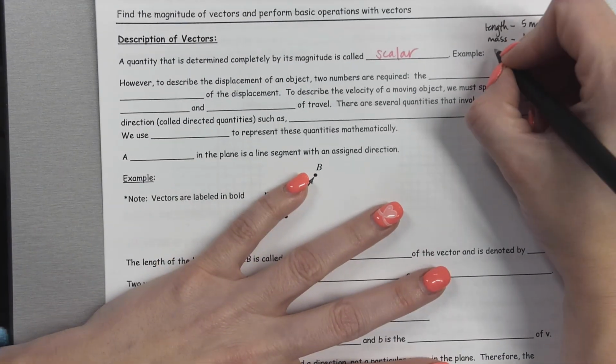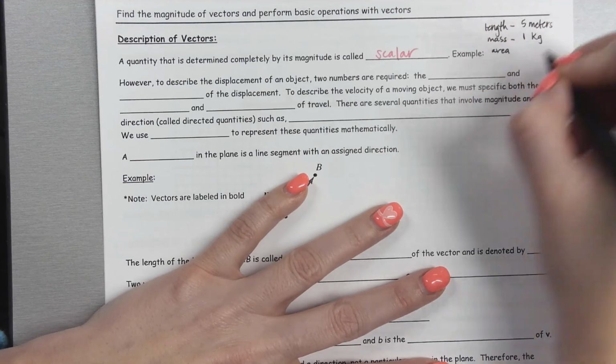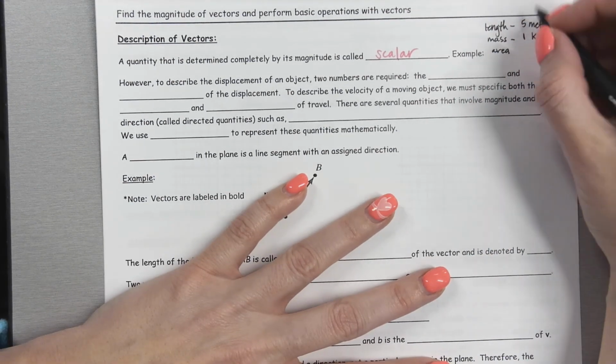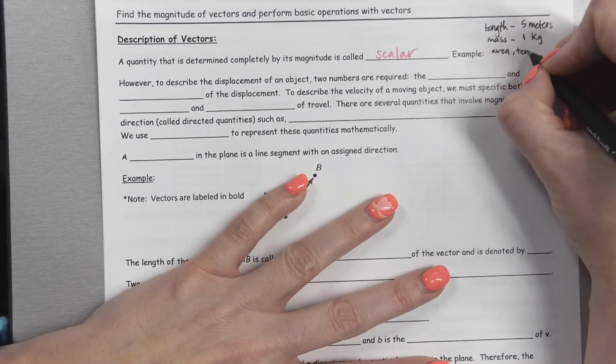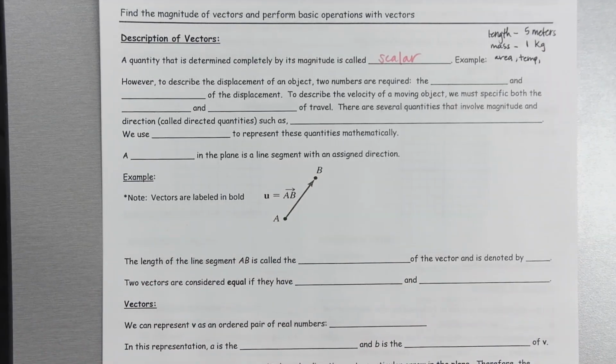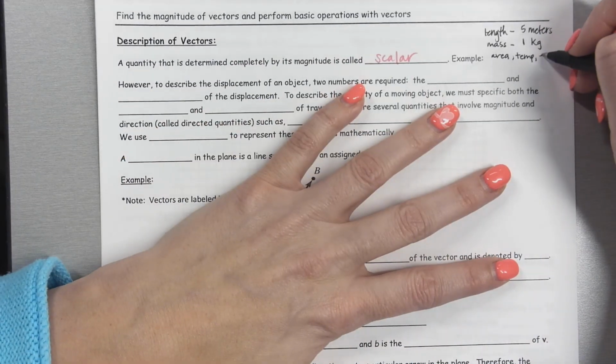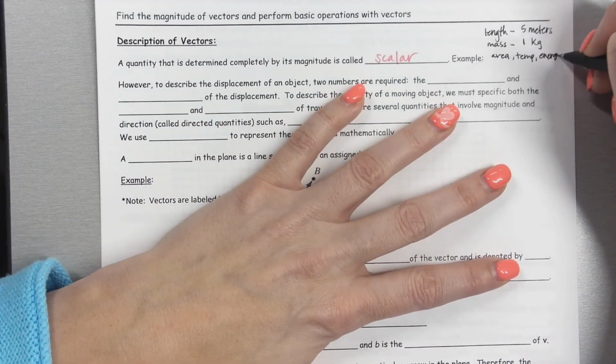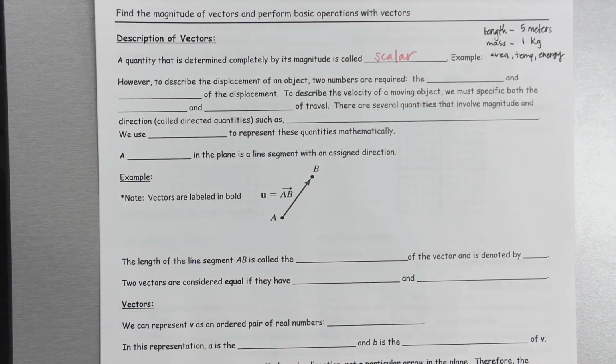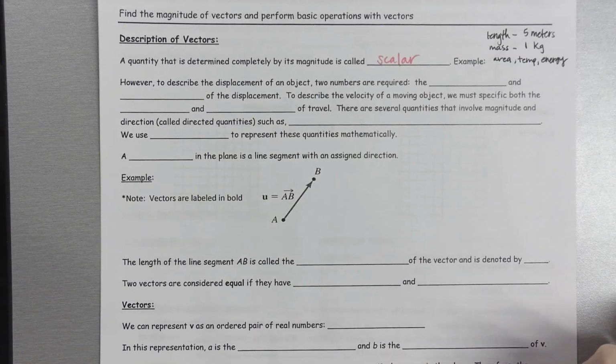It can be something like area. It can be temperature. Energy, that's measured in joules. So anything that just has this one value. But when we're describing displacement, 2 numbers are going to be required.